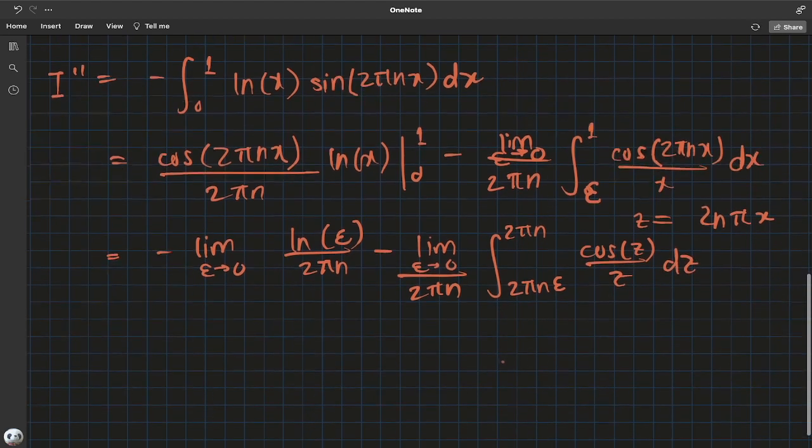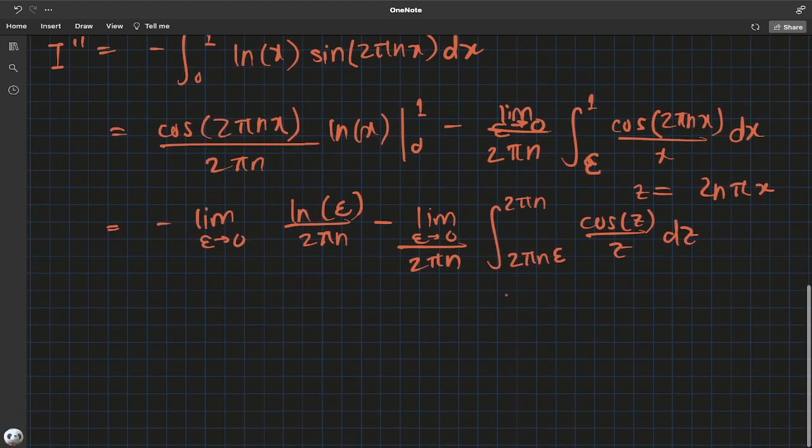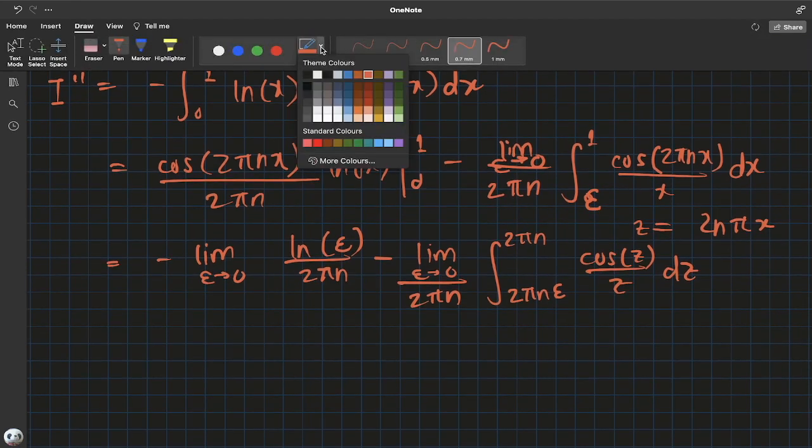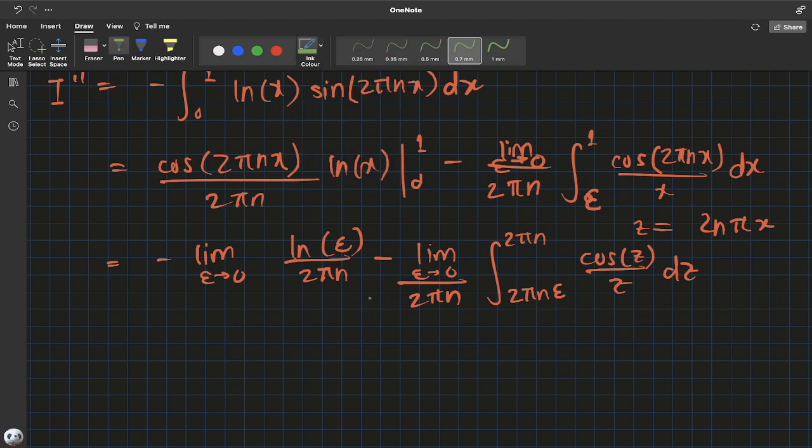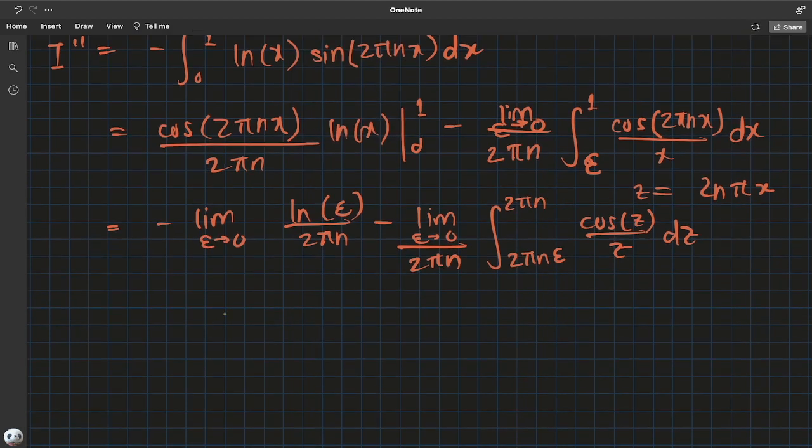And now it's actually time to do a quick aside, because this looks like a form we've been working on in a previous video on cosine integral functions. Remember, the cosine integral function, this is a side with a green star, of z was negative integral from z to infinity of cosine of t over t dt.